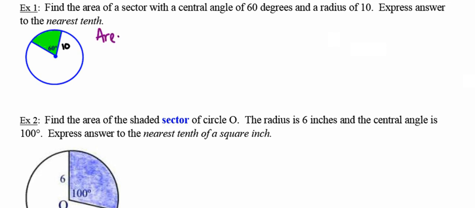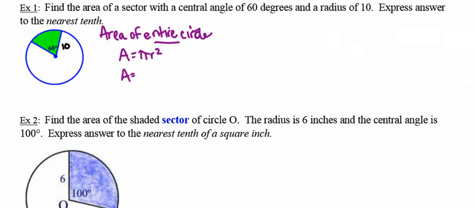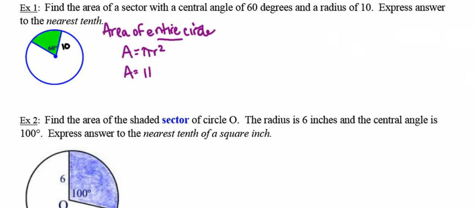I'm going to leave myself a little note that what I'm really finding is the entire circle. So area equals pi times r squared, where our radius is equal to 10, making the area of our entire circle 100 pi.